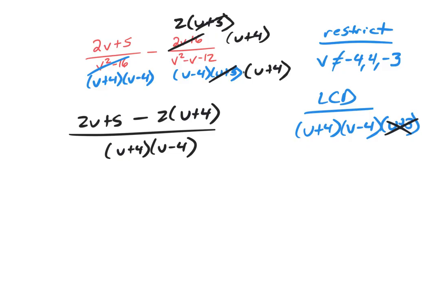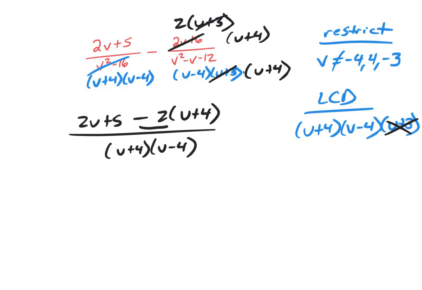What do you guys think? Yep, and what do you think we'll distribute? Yep, and we can distribute the 2, but because we have a minus sign in front of the 2, instead of distributing the 2 and then distributing the negative, we could do it all at once.